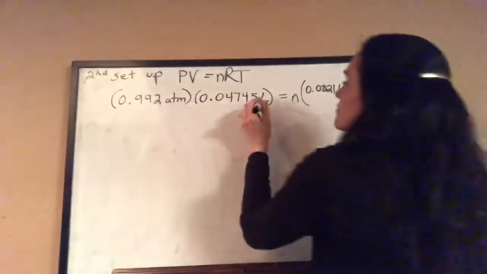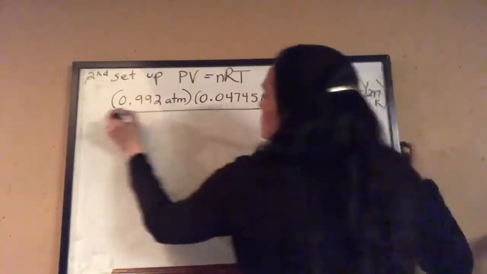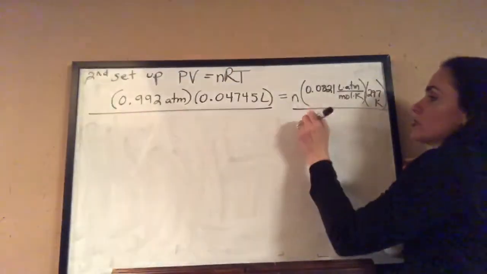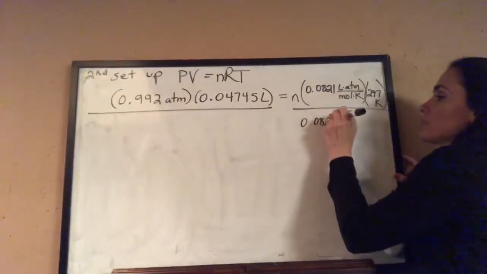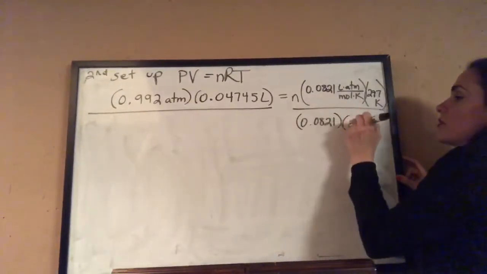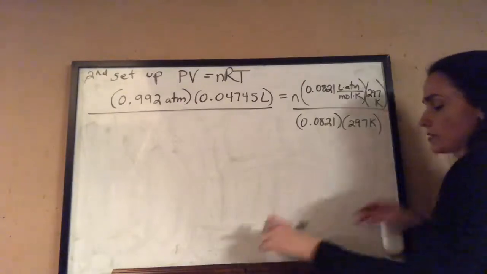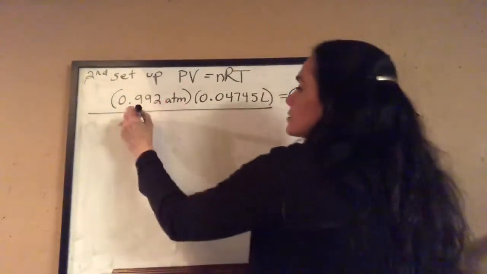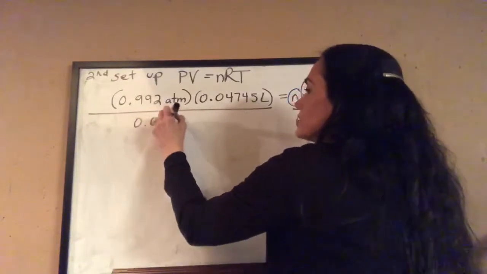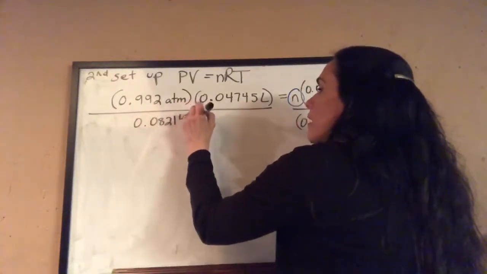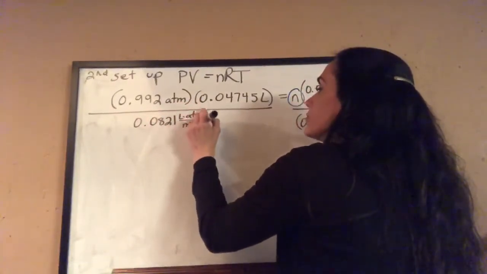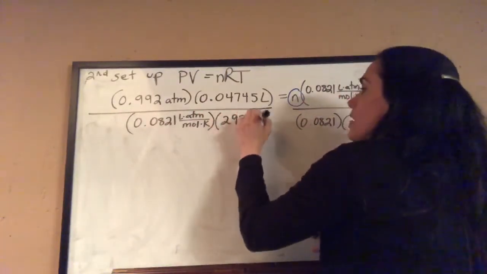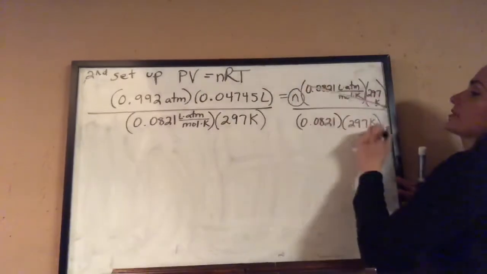So we need to divide both sides of the equation by the ideal gas constant and by the temperature. Because you see, this is your unknown. So what you do to one side of the equation, you need to do the exact same to the other side. So these will cancel out.